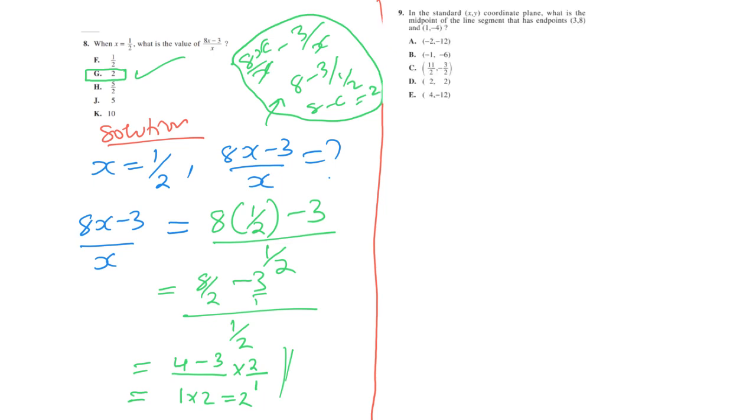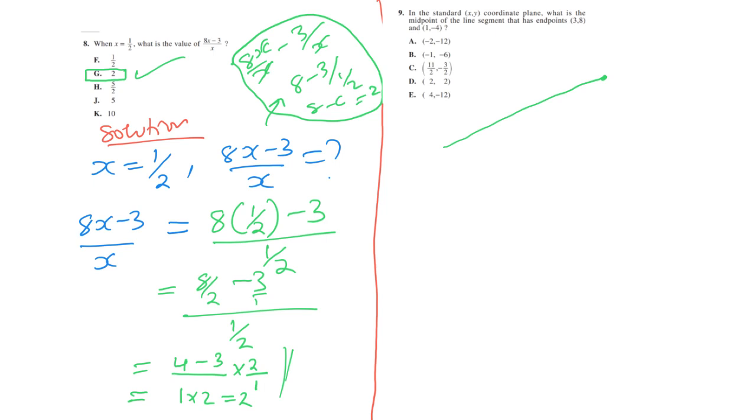Lastly, this question talks about the standard XY plane, a two-dimensional plane. What is the midpoint of a line segment that has these endpoints? Now, this is very simple, and this is what we use to solve that problem.